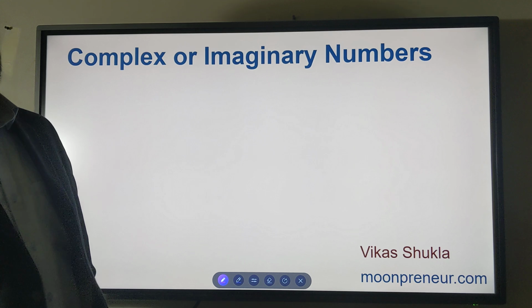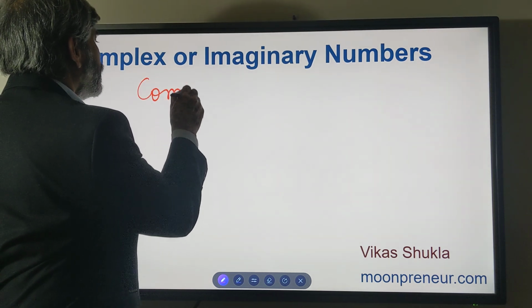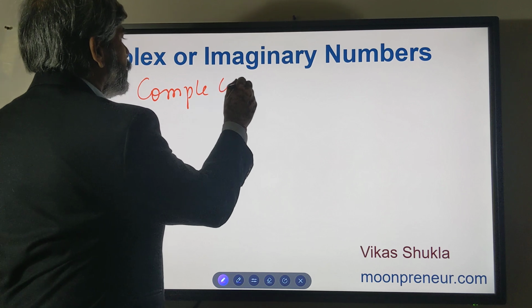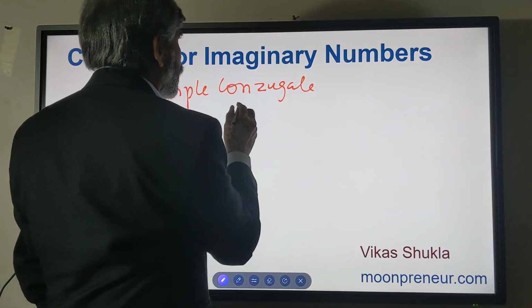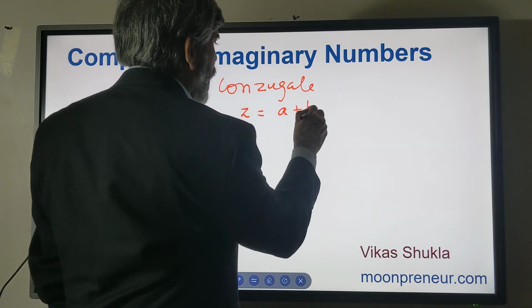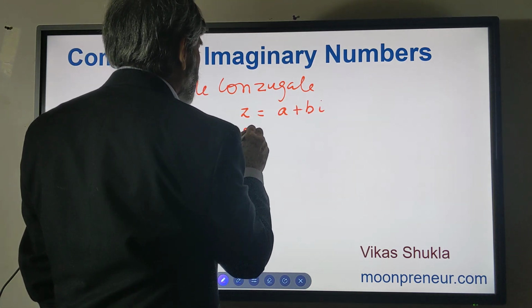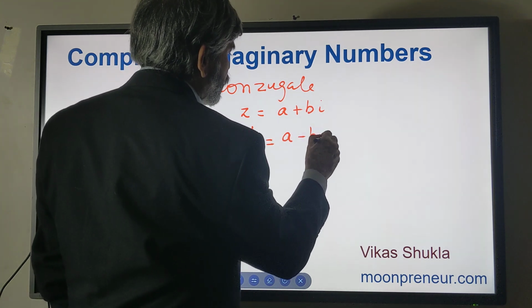Some of the things you need to know more about is something called the complex conjugate. Complex conjugate of a complex number z equal to a plus bi is denoted by z bar, and it is a minus bi.